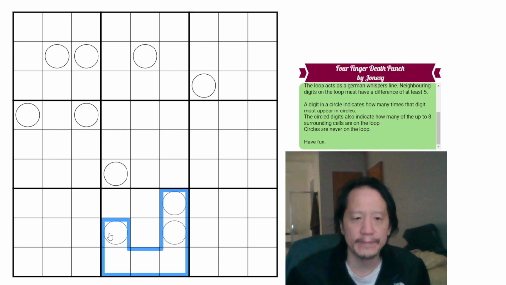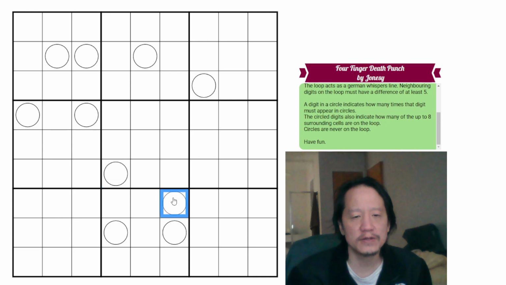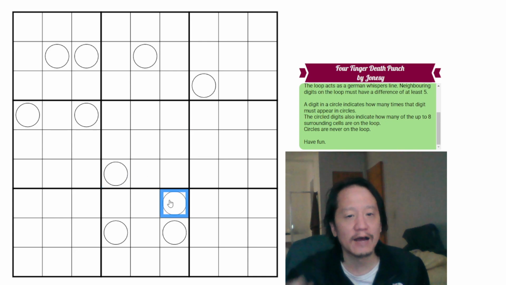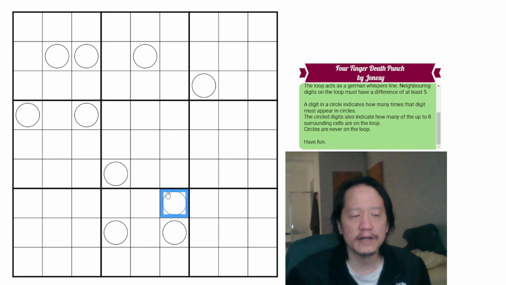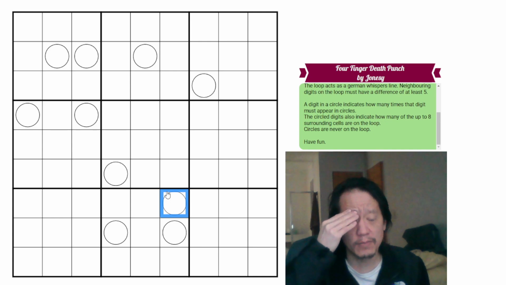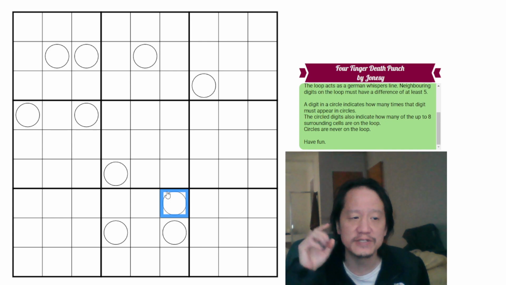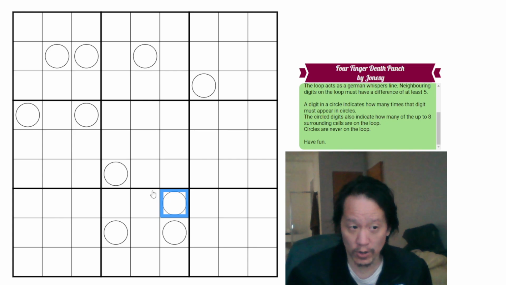So 7 cannot actually be in the circles, because only 6 boxes have circles in them. And obviously it has to be different for each one. If it's 7, there would have to be 7 circles in 7 different boxes to have 1, 2, and 7. So that does not work.